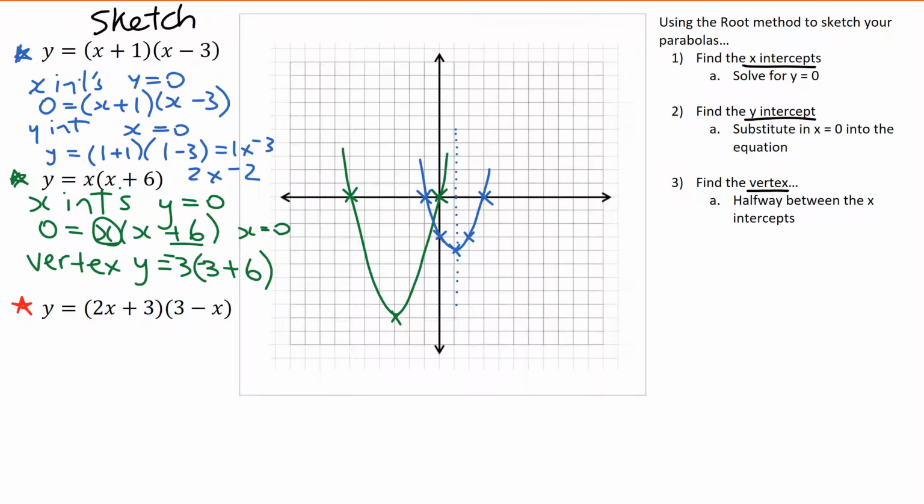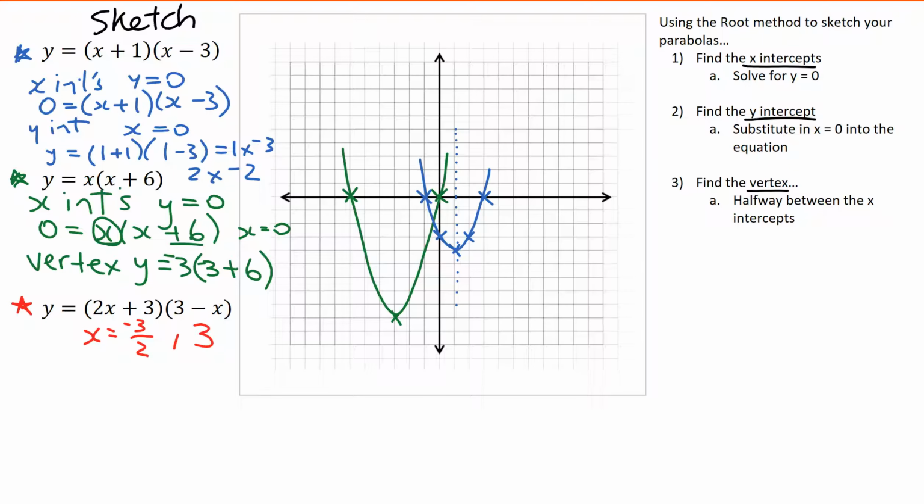Alright. The third one's a little bit trickier. Some of you might want to get a textbook ready. How do I do this one? The x-intercepts are x equals -3/2, which is -1.5, and the other x-intercept is +3, because 3 minus 3 gives you 0.